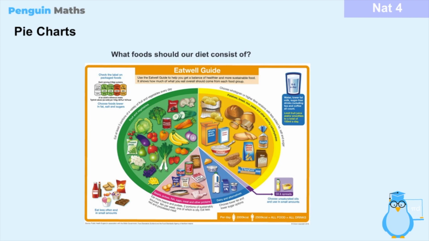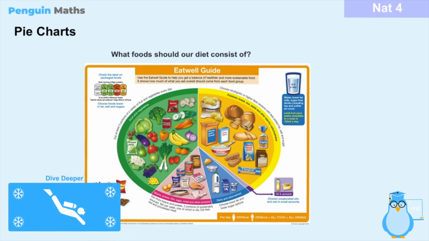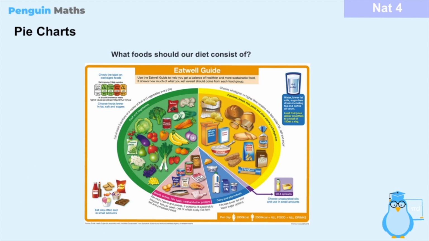So before we wrap this lesson up, I'm just going to go over some other examples of pie charts that we might have come across before. In our home economics class, we might be familiar with this Eat Well guide, which asks us the question, what foods should our diet consist of? And this pie chart consists of 1, 2, 3, 4, 5 categories that make it up.